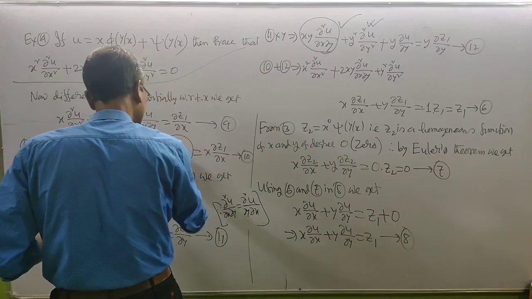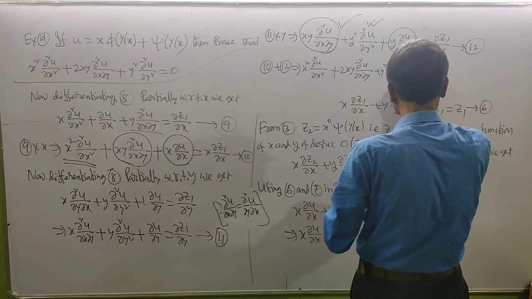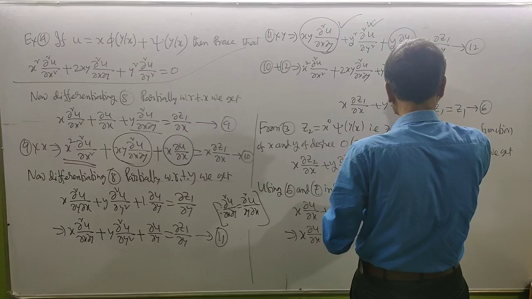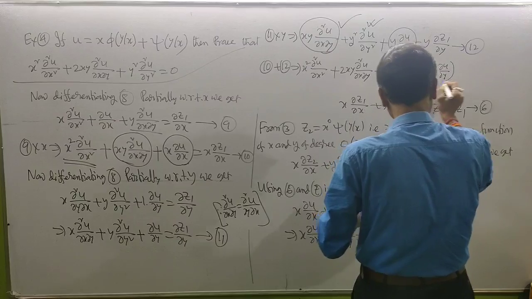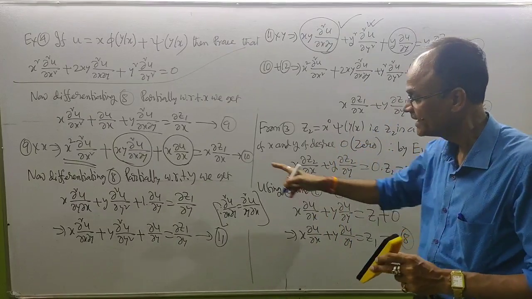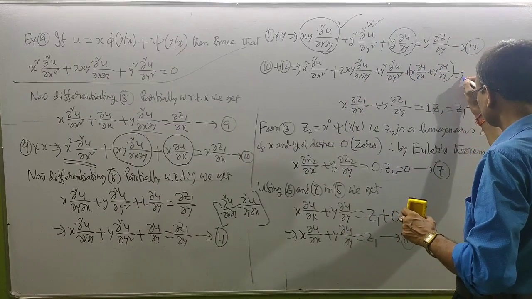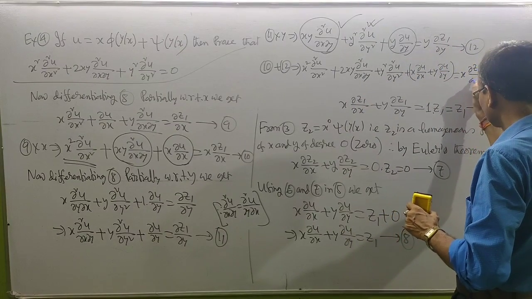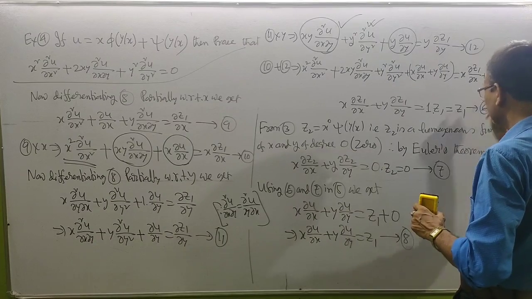Now x ∂u/∂x + y ∂u/∂y is equal to x ∂z1/∂x + y ∂z1/∂y.